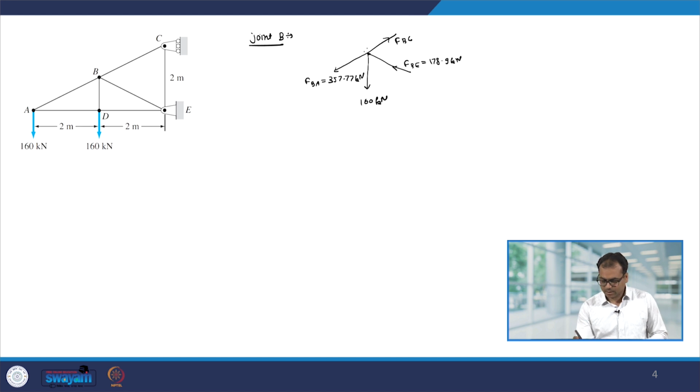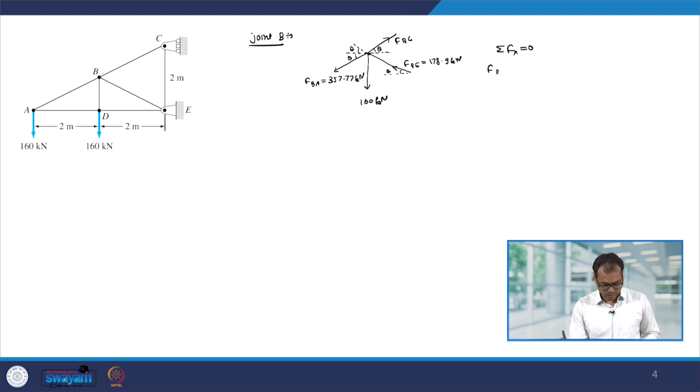So, let us look at the geometry. So, this angle we have found out is theta. So, if this angle is theta, therefore, this angle will also be theta, and again from the symmetry this will be theta and that will be theta. So, let us balance the force along the x direction. Summation Fx equal to 0.